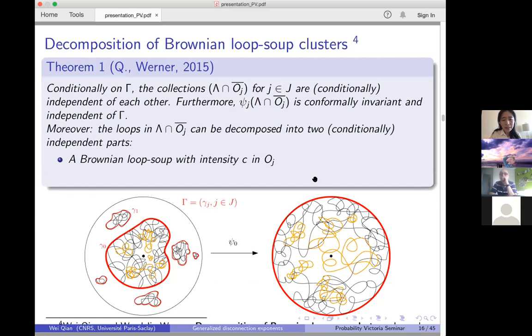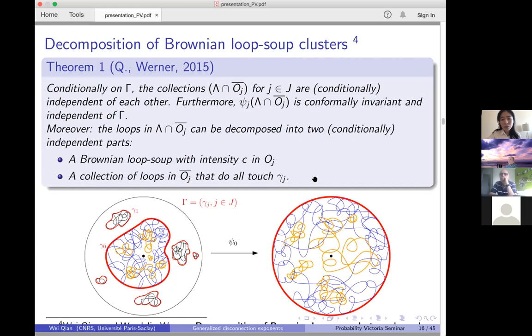The first part is the set of yellow loops that I mark. Those are the Brownian loops in the cluster that do not touch the cluster boundary. Those are the loops that are in the interior and do not touch the red loop. And also then a collection of these blue loops. They are in the cluster and they touch the cluster boundary.